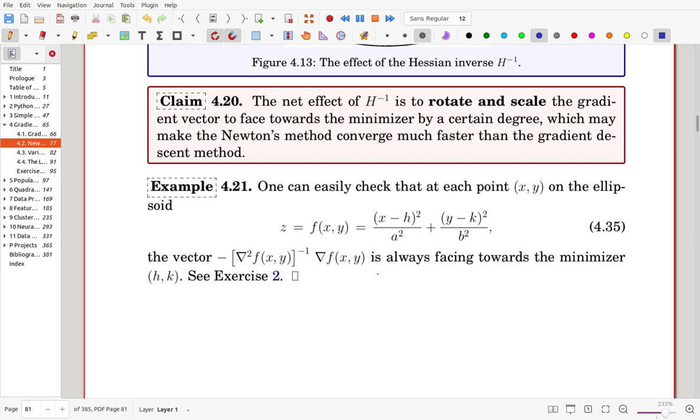From any point (x, y), adding minus the Hessian of f at (x, y) inverse times the gradient of f at (x, y) is exactly the same as (h, k). You can prove that. This is one exercise problem, and you can prove it quite easily.